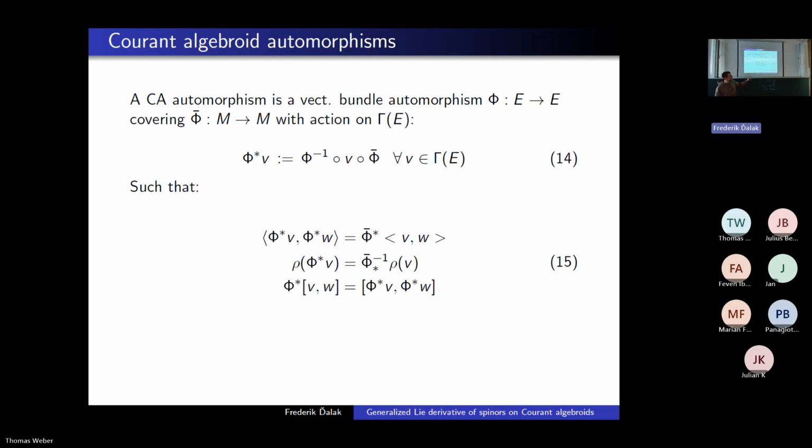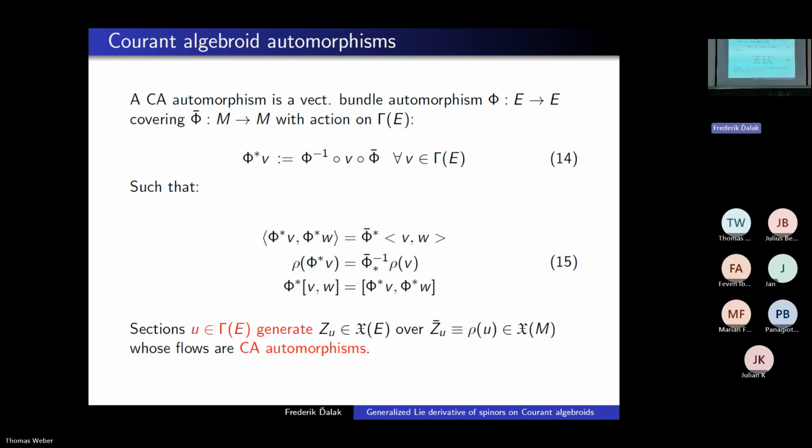A Courant algebroid automorphism is an automorphism phi of the vector bundle E, covering phi bar, a diffeomorphism of the underlying manifold, such that it has the natural action on sections, and moreover, we naturally require it to also be compatible with the structure of the Courant algebroid, right? So compatibility with the pairing, with the anchor, and with the Courant algebroid bracket.